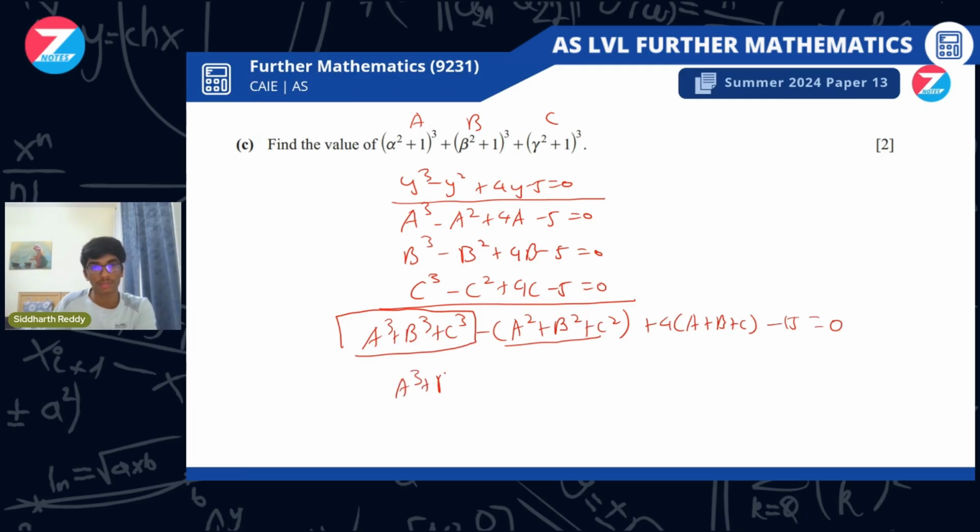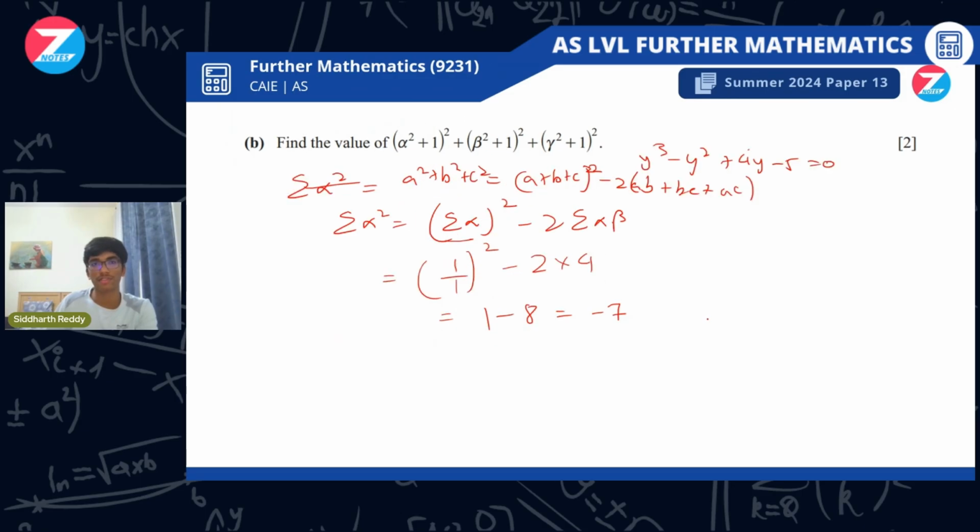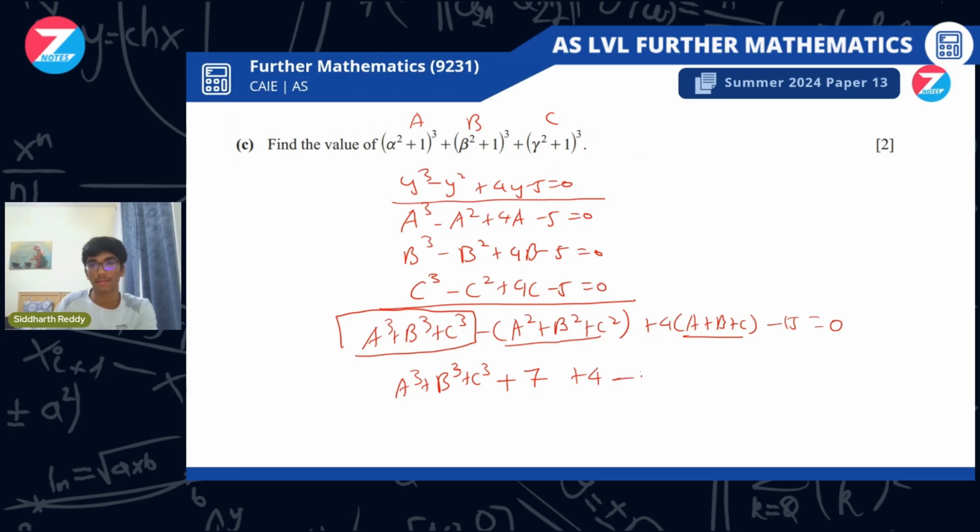So a cube plus b cube plus c cube minus of minus 7, which is plus 7, plus 4 times, this is going to be minus b by a, which is just 1, minus 15 is equal to 0. So a cube plus b cube plus c cube is going to be equal to 15 minus 4 minus 7, which is 4.